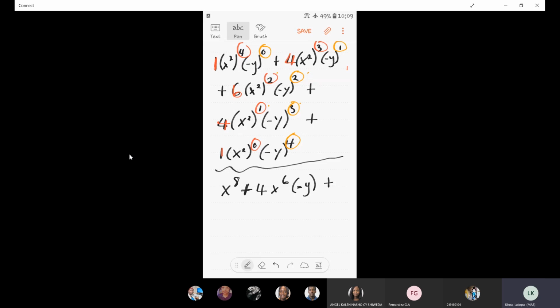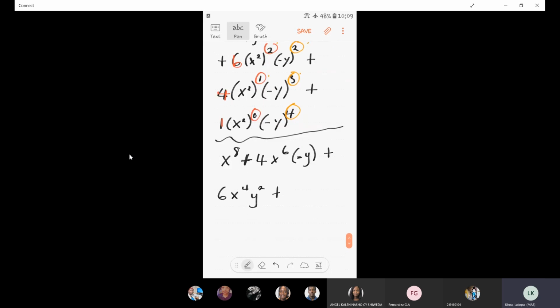Then the next one, I have 6 x squared squared. This is x to the power of 4. And then minus y squared, that is just y squared, because the negative times the negative gives me a positive. So I will just have y squared. And then the next one, coefficient is 4. Then I have x squared to the power of 1, which is just x squared. And then I have negative y to the power of 3.